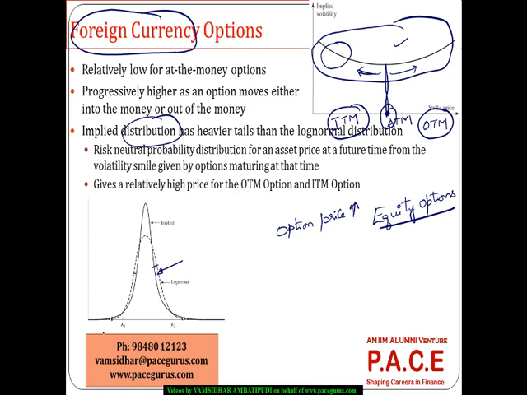What does that mean? For much lower stock prices, we are finding that the option price is much higher, and even for much higher stock prices, we are seeing that the option premiums are slightly higher. That is again a clear indication that the probability that the option will come in the money will be higher in both cases.